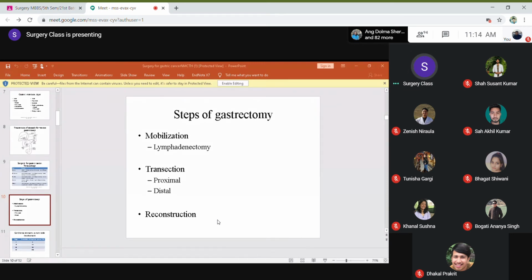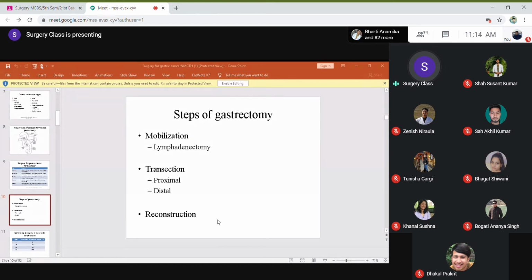Now see, there is a difference. In Billroth 2, you will not be able to pull the duodenum and stomach and make an anastomosis. What you'll do is make an anastomosis with the jejunum. You will pull the jejunum up and connect with the stomach. So that is Billroth 2 gastrojejunostomy.